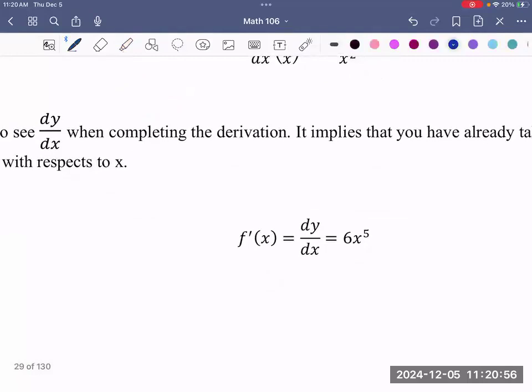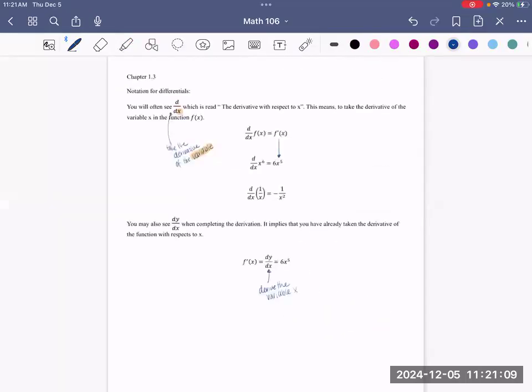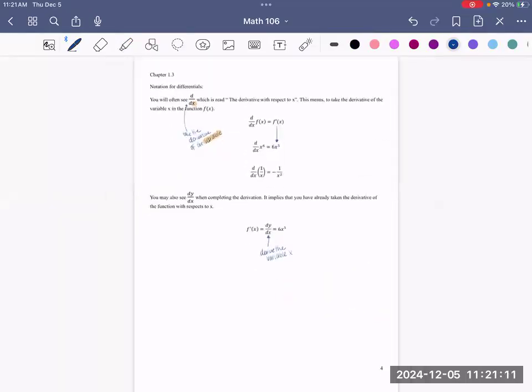So again, it just says derive the variable. If you're seeing those notations, that is all it's implying as to which variable it is with that particular function.